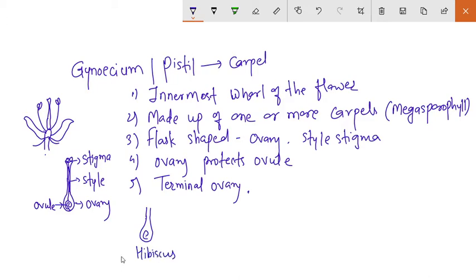Example is hibiscus. It may be lateral. Lateral means the style arises from the lateral side.